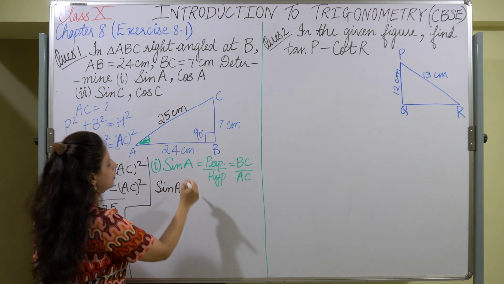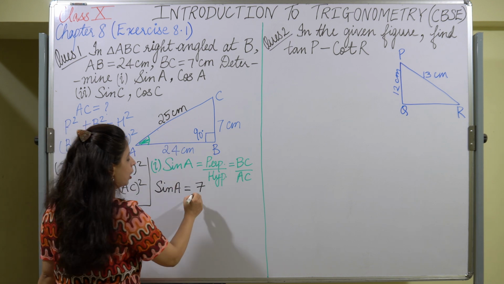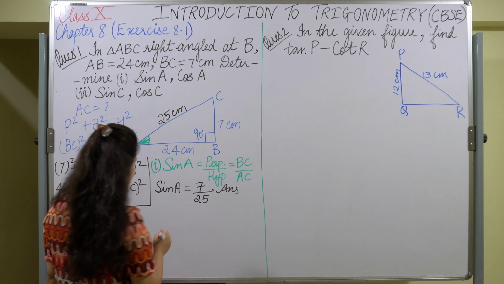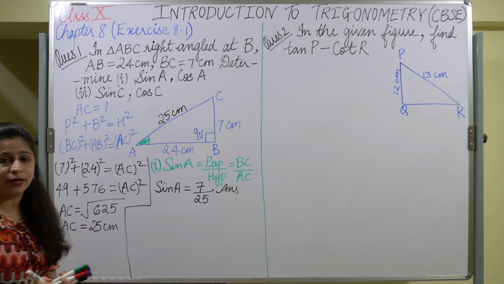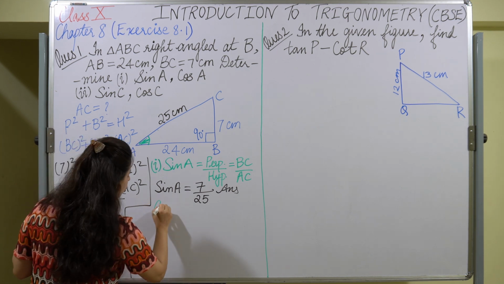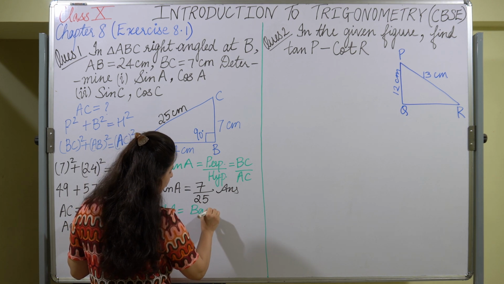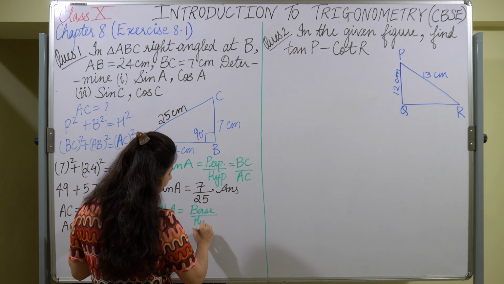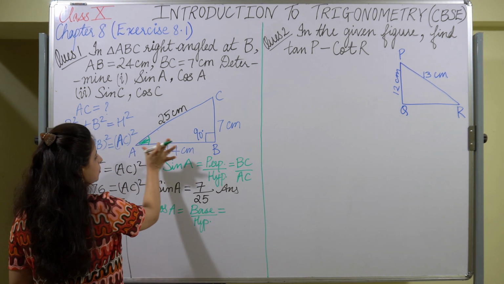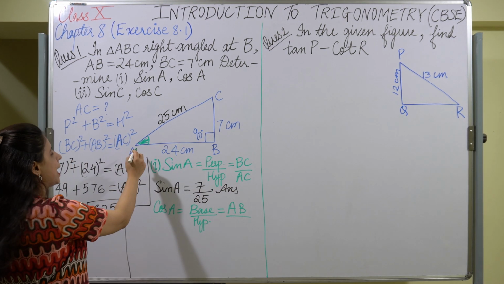So the value of sin A will be equal to BC. BC value is given to us as 7, and AC we have already found out, that is 25. So this is our answer. In the second part, we are asked to find cos A. Cos is always given by base upon hypotenuse. Base is AB because it is the adjacent side.